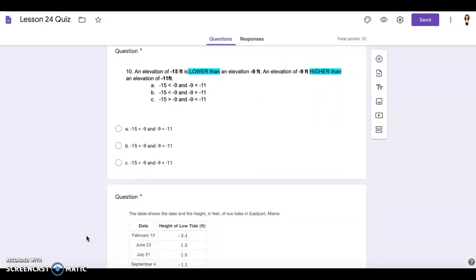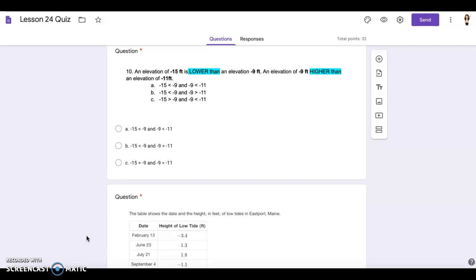Number 10. An elevation of -15 feet is lower than an elevation of -9 feet. An elevation of -9 feet is higher than an elevation of -11 feet. Letter A, -15 is less than -9 and -9 is less than -11.